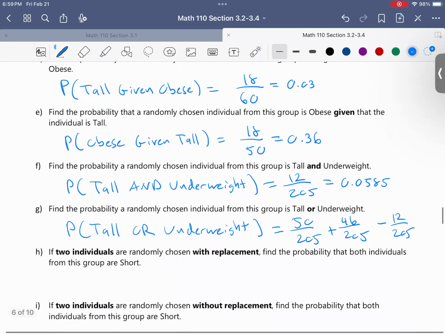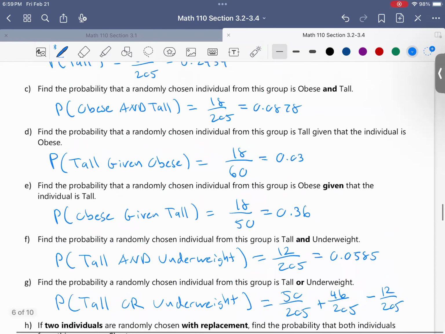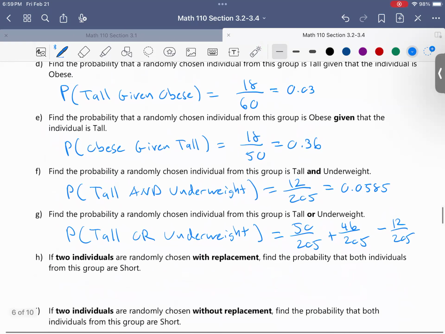And if we calculate all this, we should end up with 84 over 205.